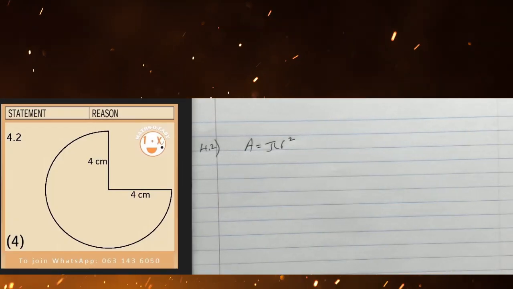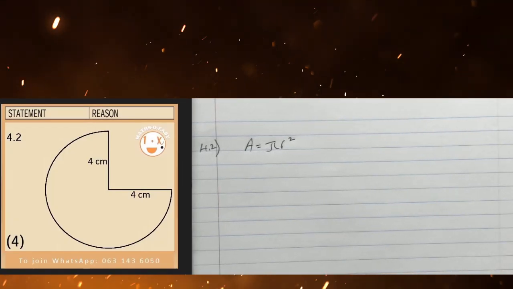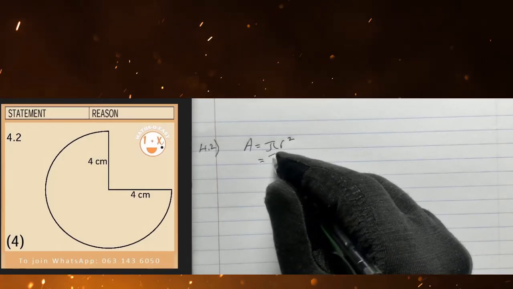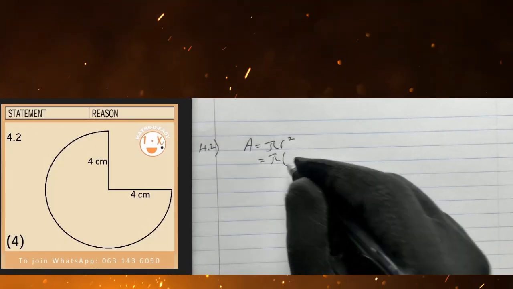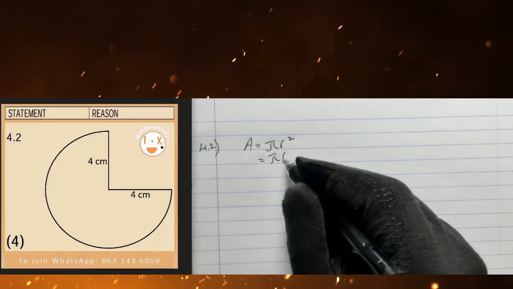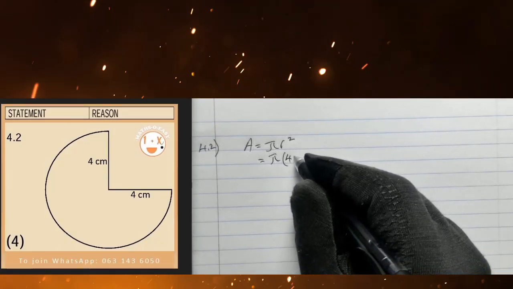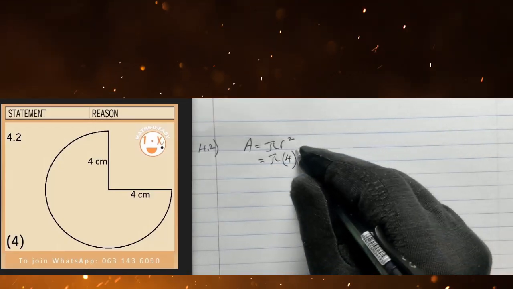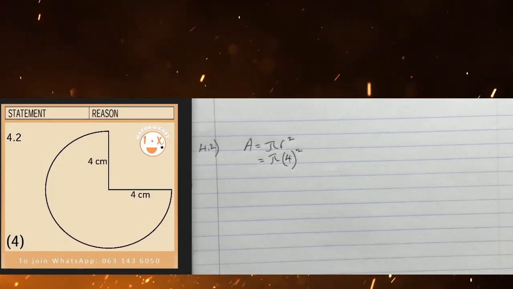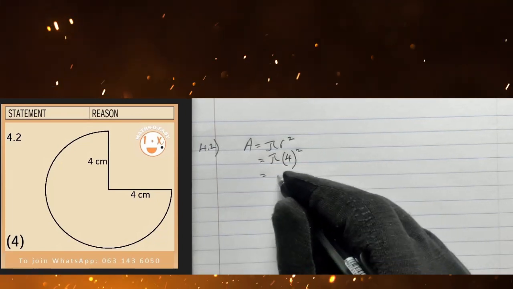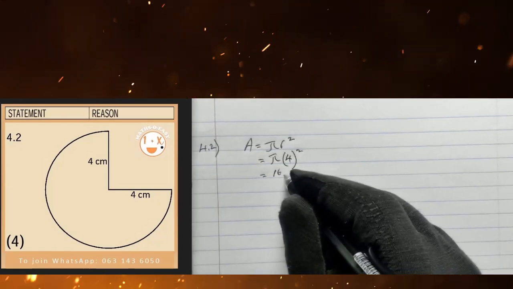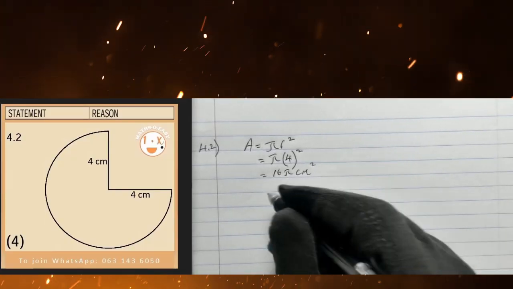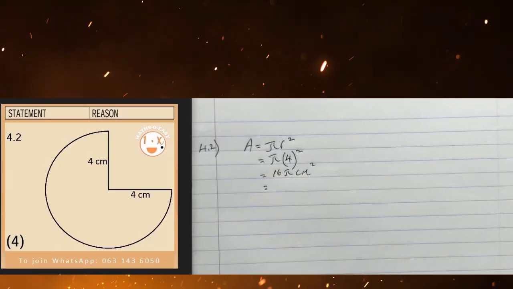Then I can say I have my pi and my r, which is 4, and it's going to be squared centimeters. So what will I have? I have 16 pi centimeters squared. Then I can go to my calculator.